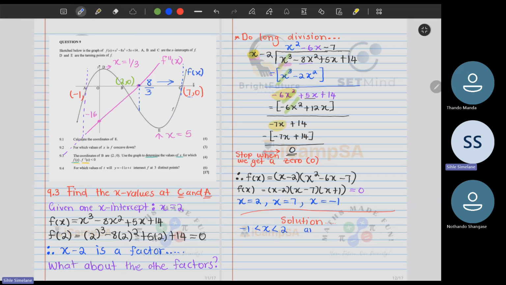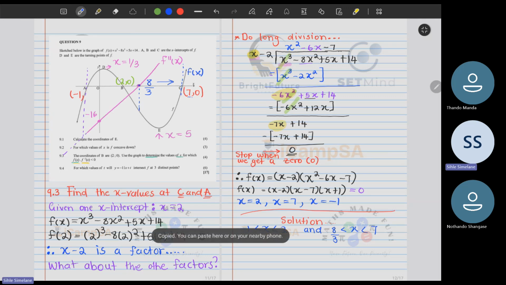So it means we have our other solution to be x is between 8/3 and 7. And that just becomes our answer. I hope that it does make sense to you guys.